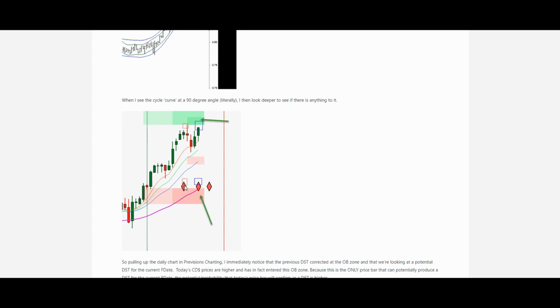The way that turn dates work is you can have a turn like a swing top or a swing bottom within one price bar of what's indicated. So obviously it was indicated here, and what I want to explain to you is that as you proceed to the +1 area of the time window, the -1 to +1 is a window.